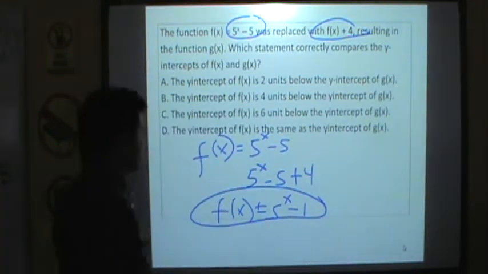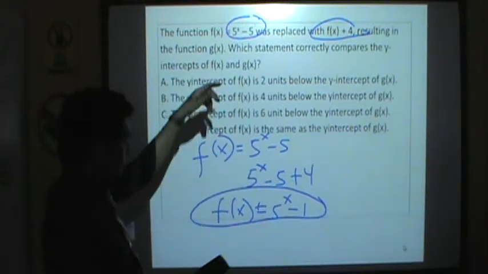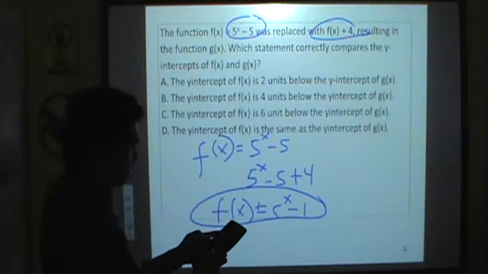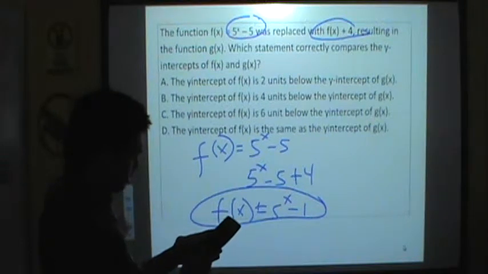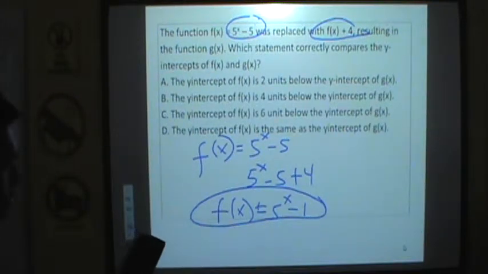Okay. First, after solving this, use your calculator to graph 5 raised to the x minus 5, and then graph it. It looks like the graph is crossing the negative 5.